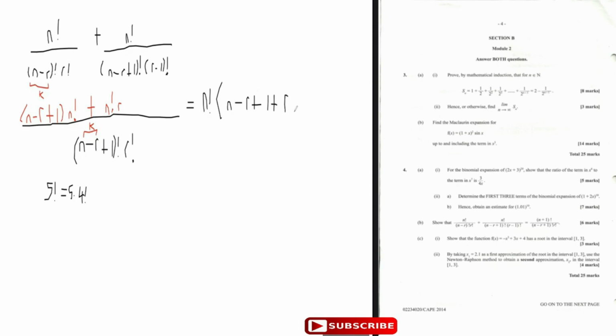Now doing this, what are we going to get? We're dividing that by (n minus r plus 1) factorial times r factorial. Now the minus r and the plus r cancel each other.